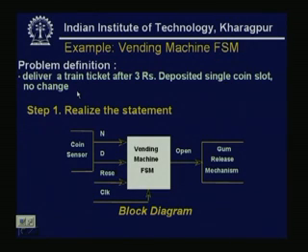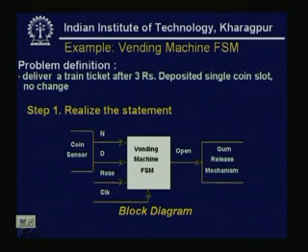That means if we deposit 3 rupees by some coin, the machine will take only coins, then it will produce a ticket, otherwise not, and there will be no change. So, step 1 was to realize the statement.